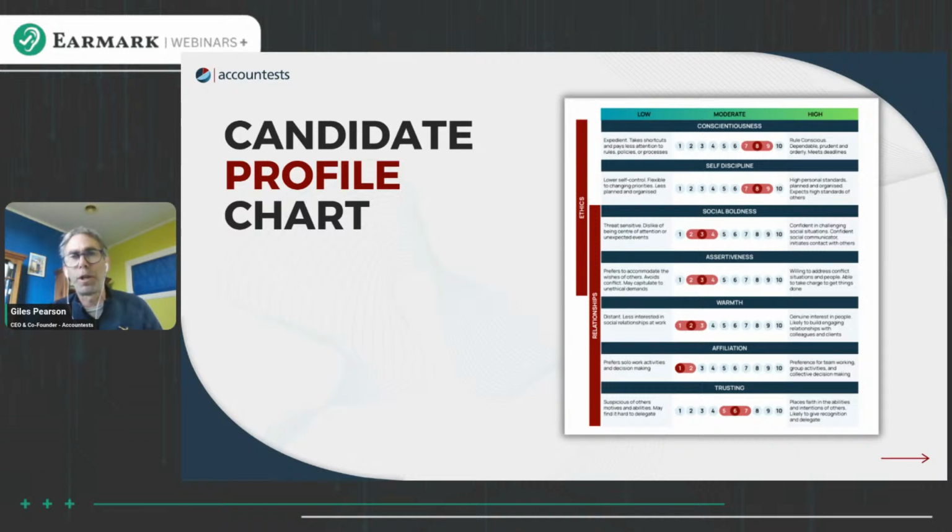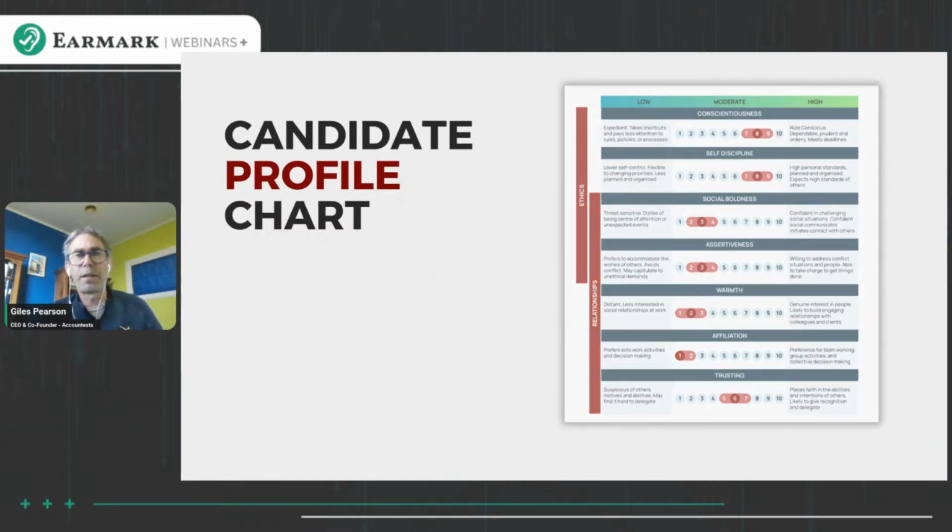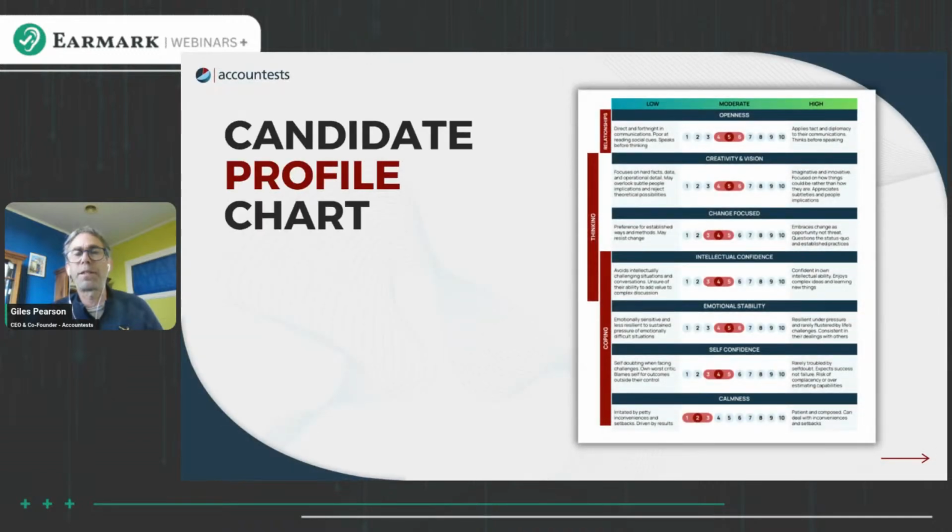For example, with conscientiousness, the opposite is expediency, which is generally not good in accounting, but you actually want some of that, particularly when you're looking at your processes, because you need people who think differently. But you don't generally want your accountants to be expedient. So that's how these profiles look. And there's the next page.